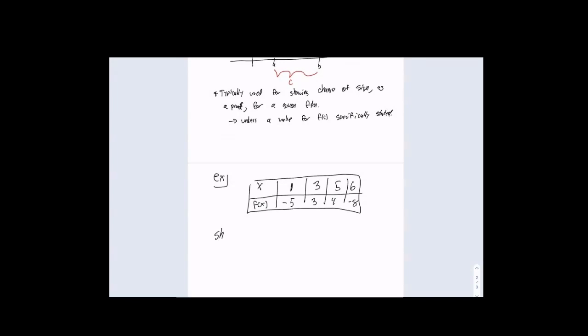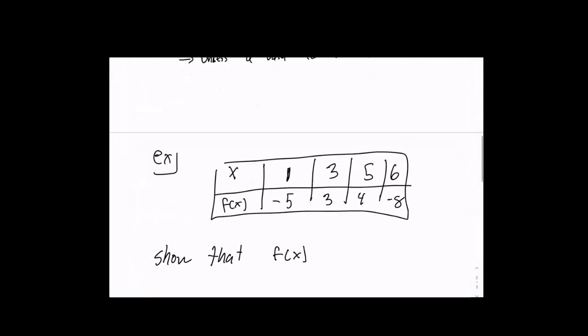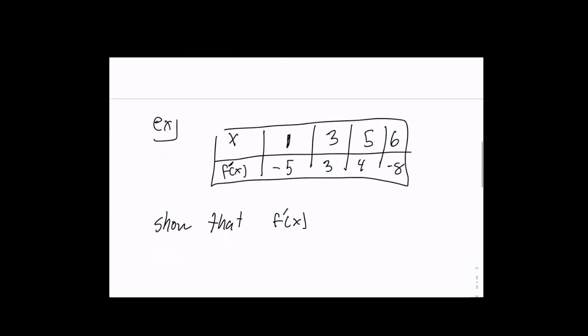And the question would be something like, show that, and actually I'm going to change it one more time. Let's say these are the derivative values. So this is x and f prime of x. These are the f prime of x.